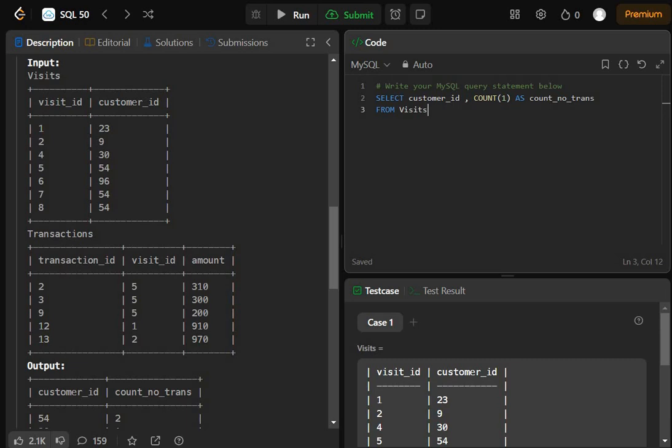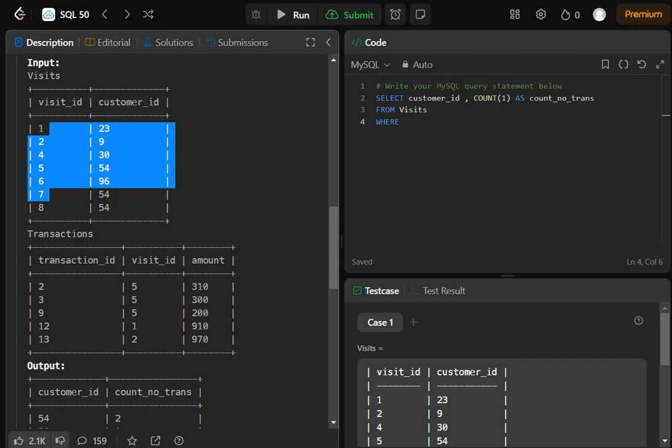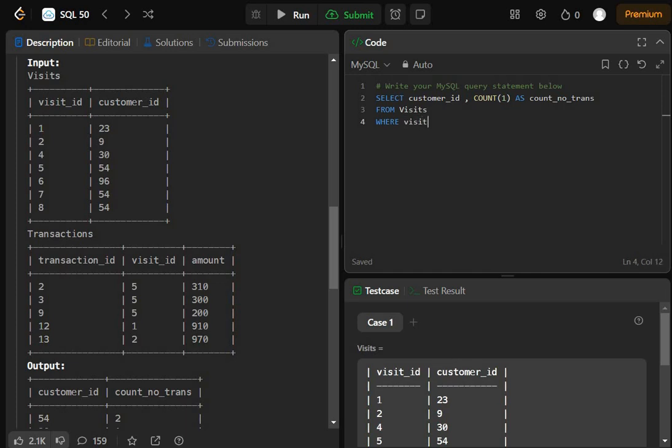Let's see. Okay. Now the condition over here is that this customer who visited the store did not make any transaction. So the customer visited, so there might be a visit ID, but that visit ID will not be visible in the transaction table. So where this visit ID not in.